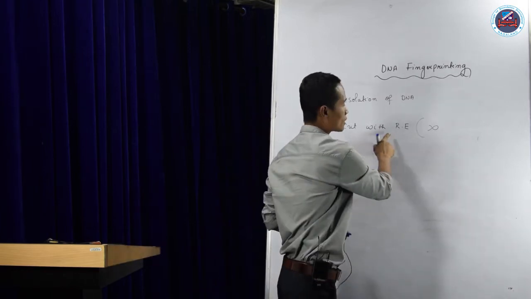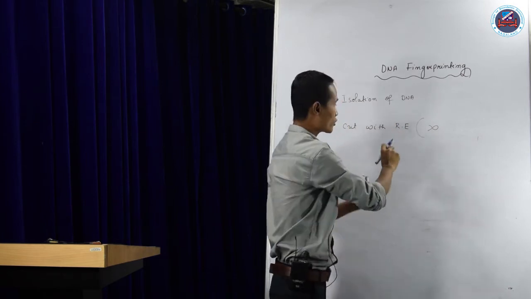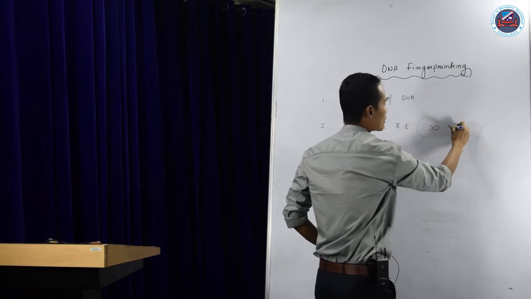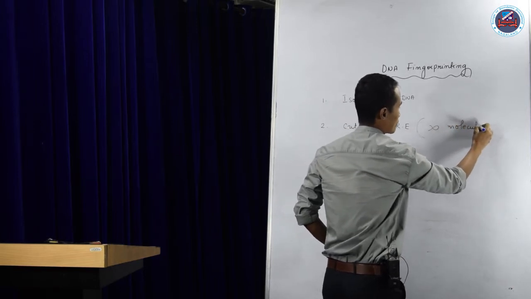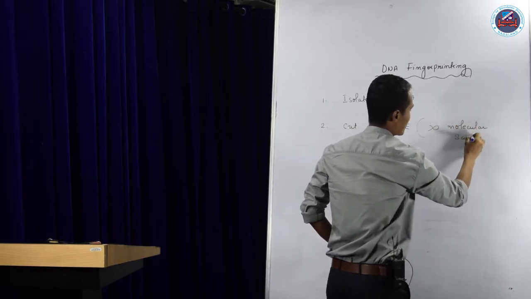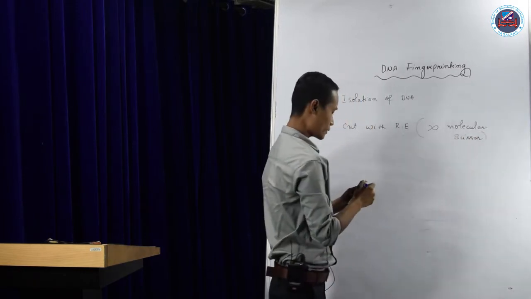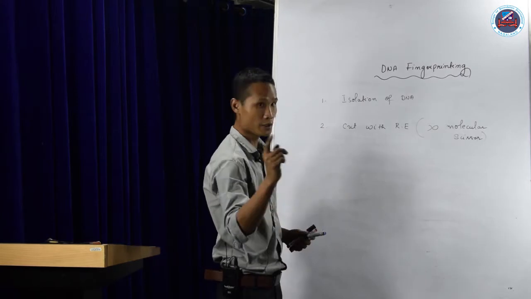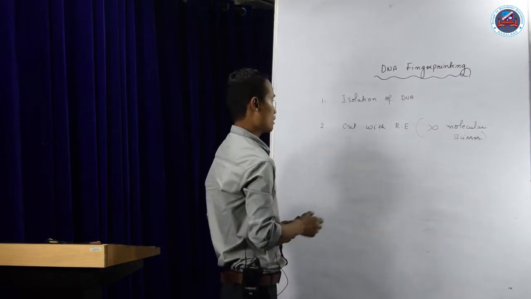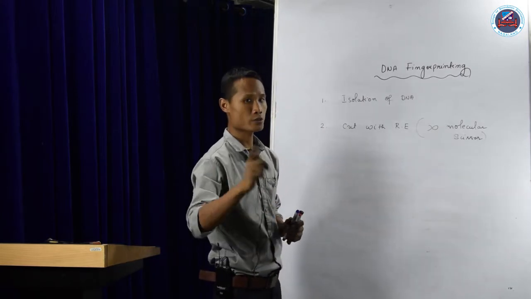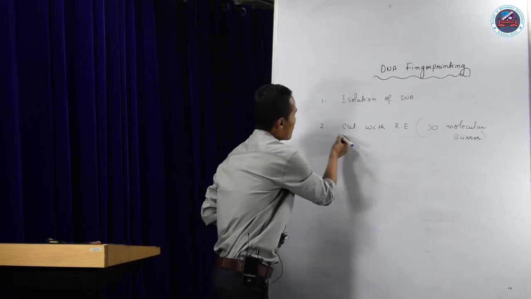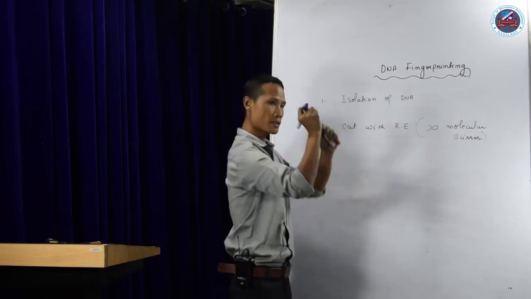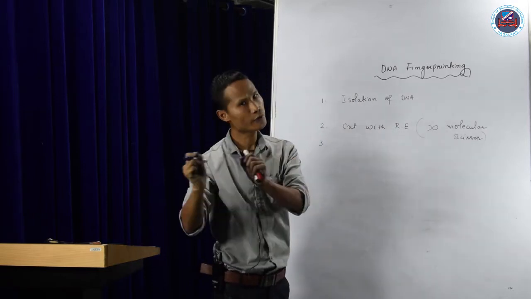So they will cut the DNA into fragments, and we call them molecular scissors. Regarding restriction enzymes, we are going to discuss them in detail in biotechnology, that is chapter number 10. Now, this enzyme will cut DNA into fragments.